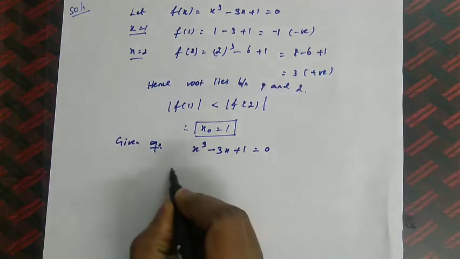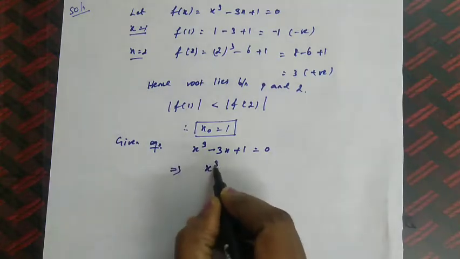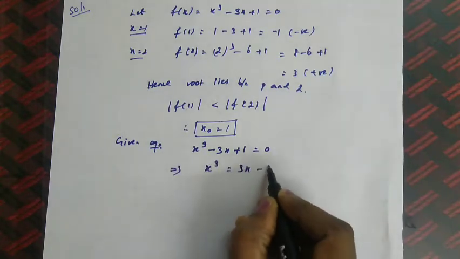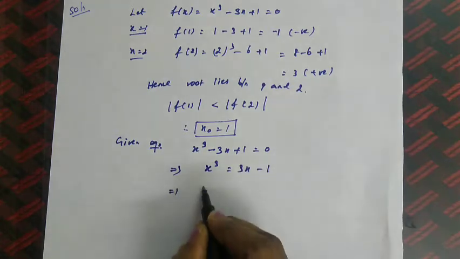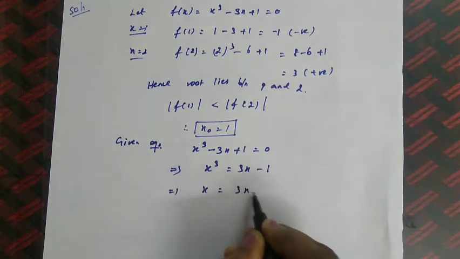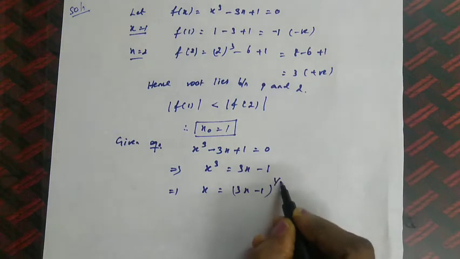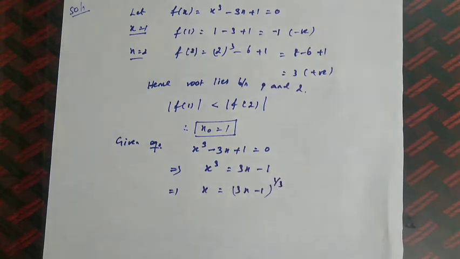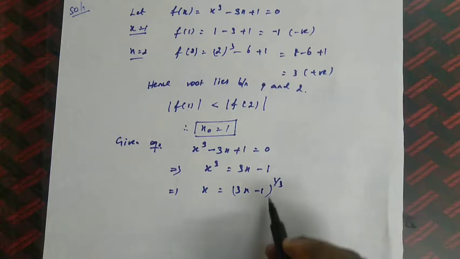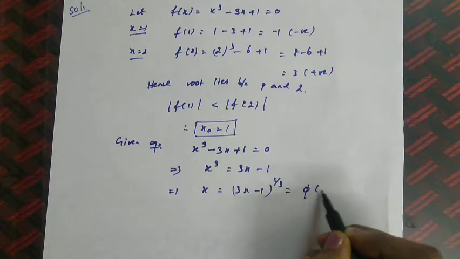From this, x cube equals 3x minus 1, which implies x is equal to (3x minus 1) power 1 by 3, when you raise the power 1 by 3 on both sides. This is your phi of x.